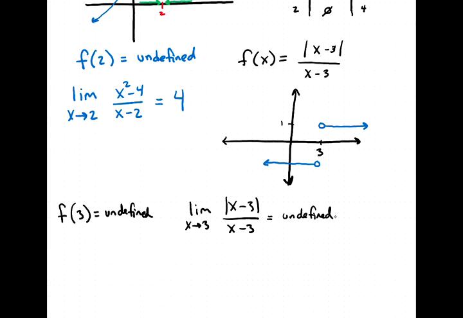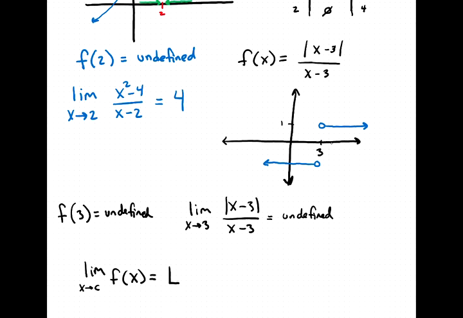Because for the limit to exist, for this number L to exist, remember we're doing the limit as x approaches c of f of x equals some number L. L is one specific number. So the only way that this limit exists is if it's equal to one specific number, which means there has to be one single point on the graph that the graph is approaching as x approaches some number.